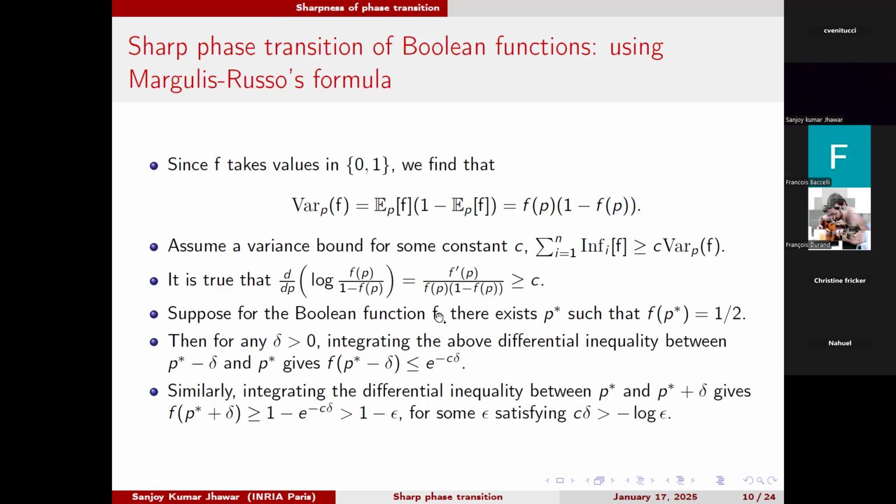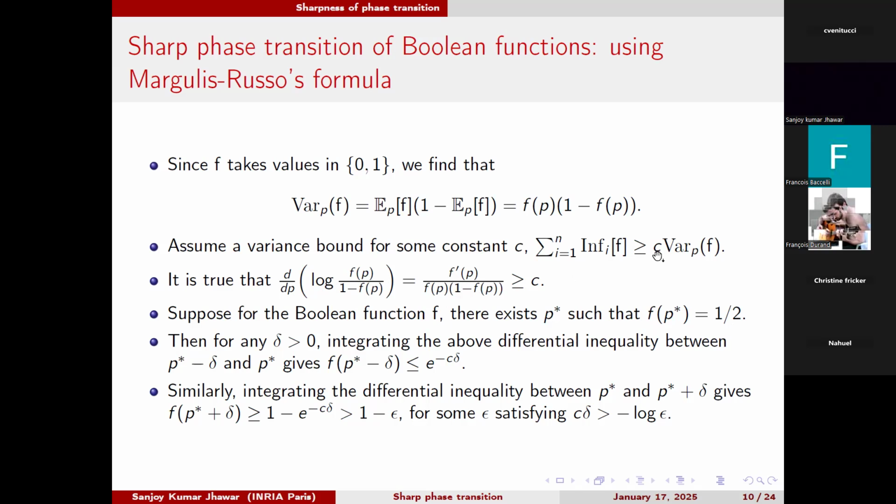And we also assume that there exists a critical value of the parameter p star such that script f at p star, at the critical value, is half, like in our Bernoulli bond percolation model. Okay. And then we can derive a differential inequality using some function of this form, log of f p divided by 1 minus f p. One can calculate this.